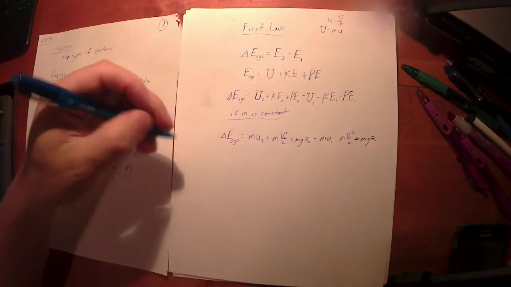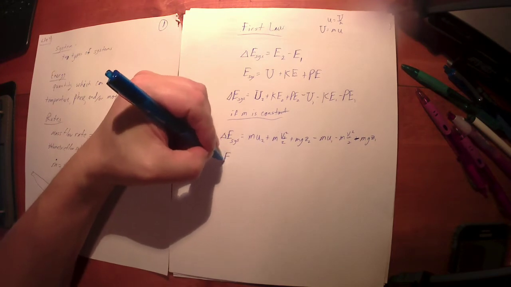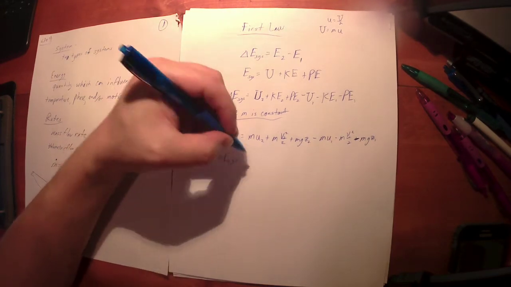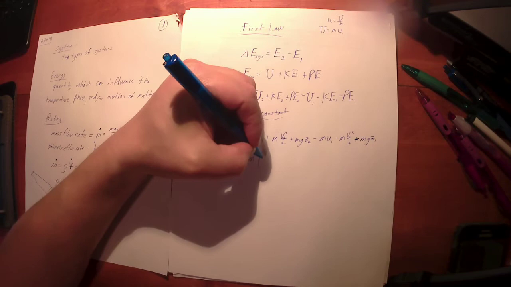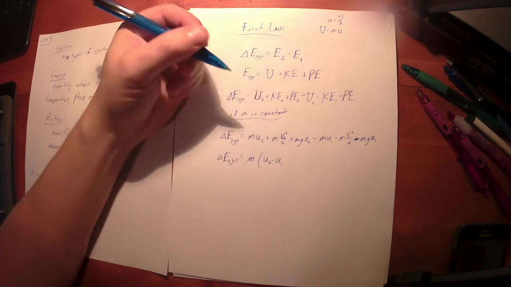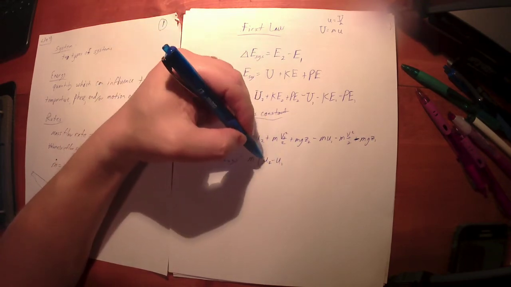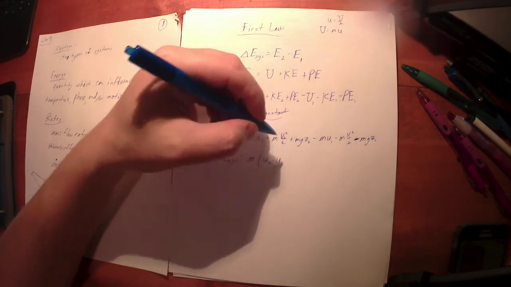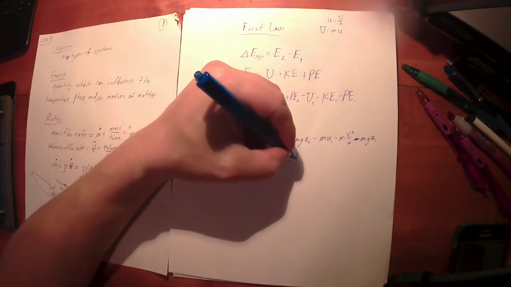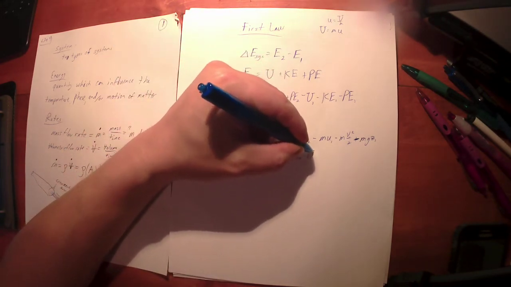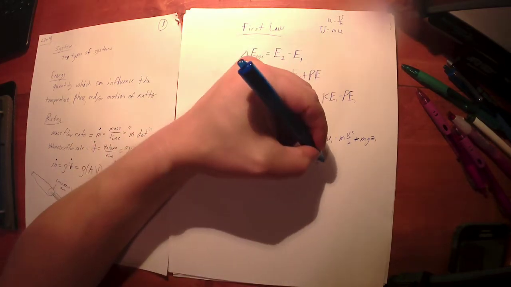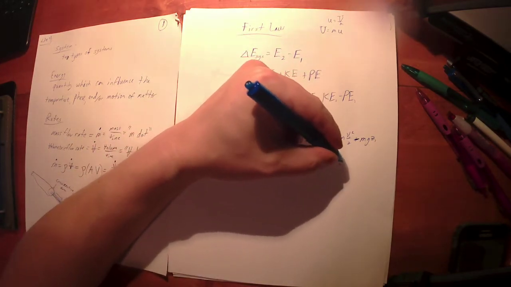Well, I've got the same m running throughout, so I can just factor that out. Delta E system is equal to m times quantity u2 minus u1, I'm going to write it that way, let's say delta u first, m times quantity u2 minus u1 plus v2 squared minus v1 squared over 2 plus g times quantity z2 minus z1.